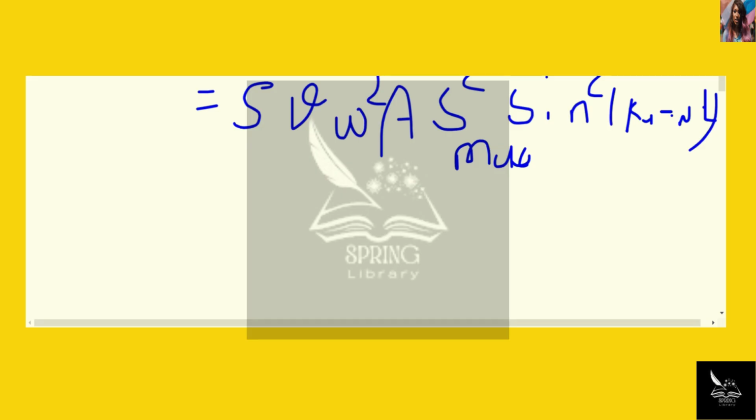Now, as we know, the intensity of the wave I is defined as the power per unit area, which is the energy transported by the wave through a unit area perpendicular to the direction of travel of the wave.